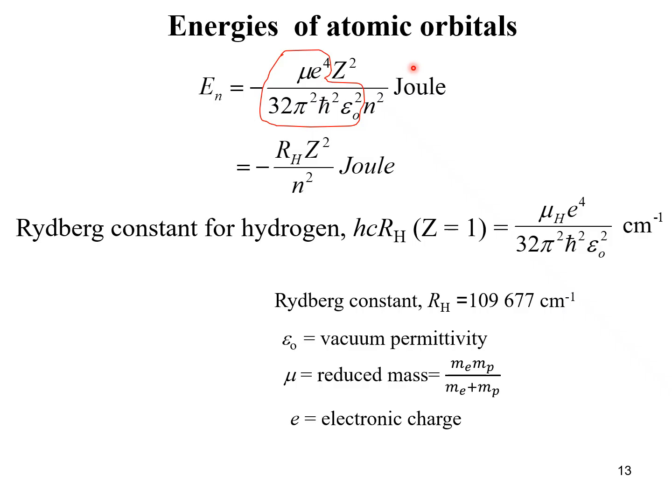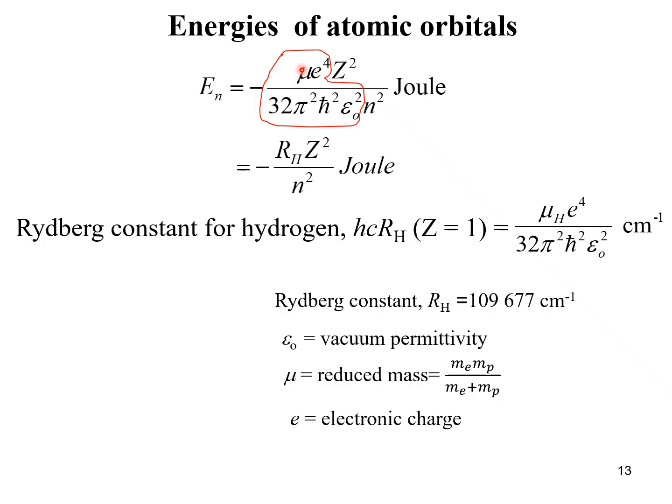The energy of the atomic orbital can be determined using these expressions. So we have the energy at different energy levels, or principal quantum number n, equal to this bunch of constants multiplied by Z squared, the charge of the nucleus, divided by the square of the principal quantum number.